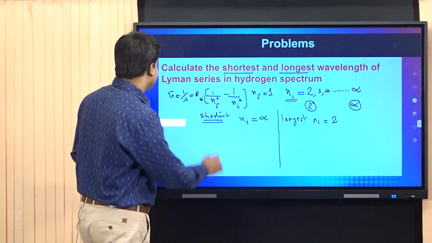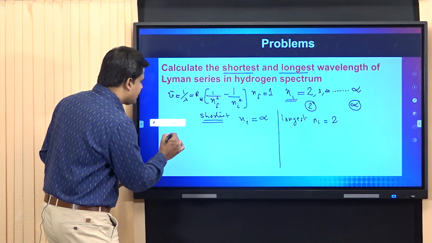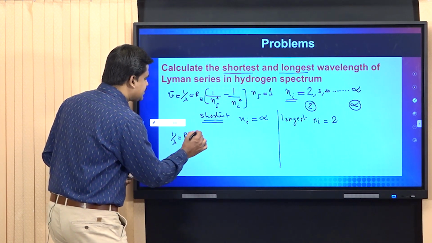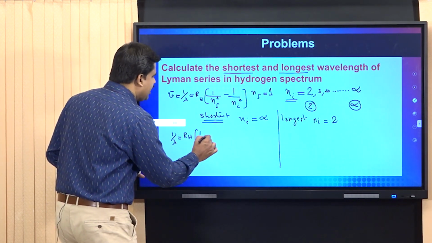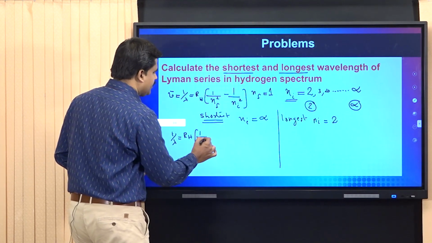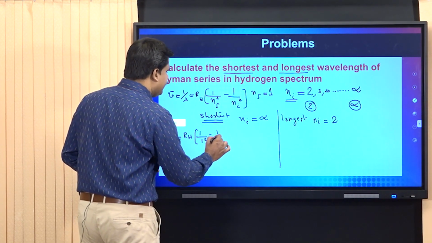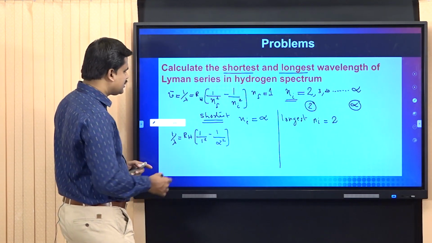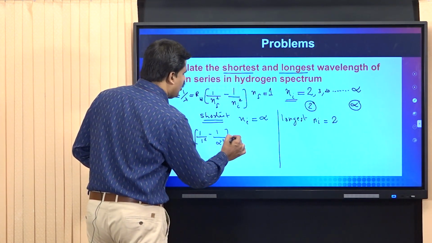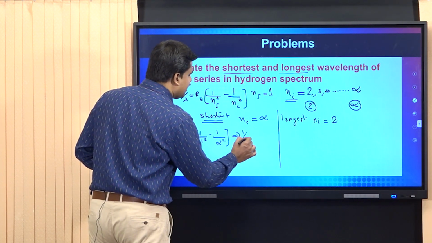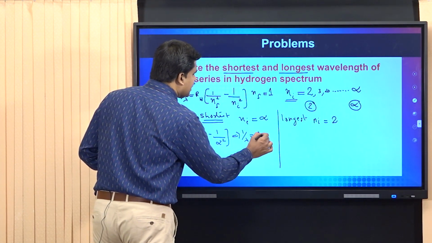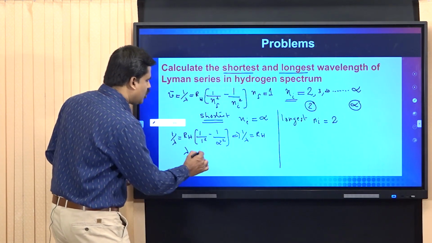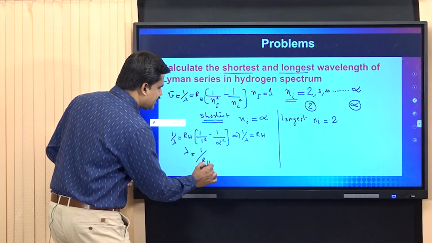shortest wavelength. The calculation is like this: 1 by lambda is equal to RH into 1 by 1 square minus 1 by infinity square. 1 by infinity is equal to 0. Therefore, 1 by lambda is equal to RH as such, or lambda is equal to 1 by RH.